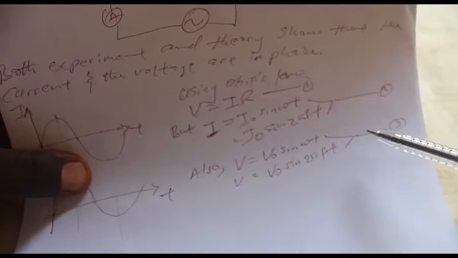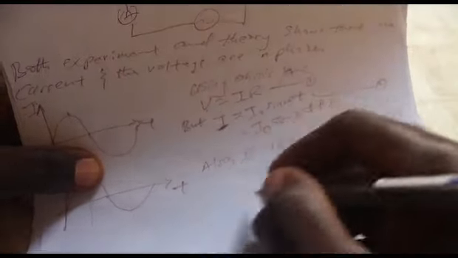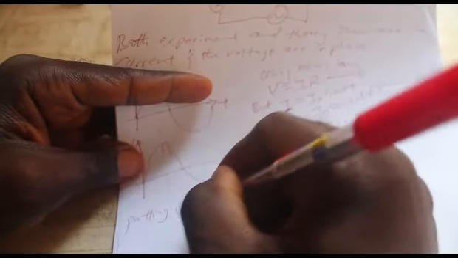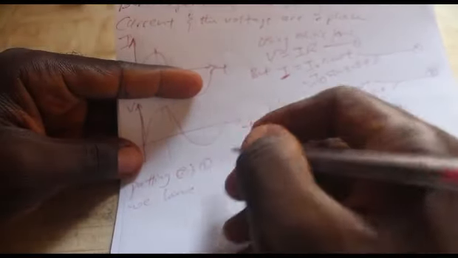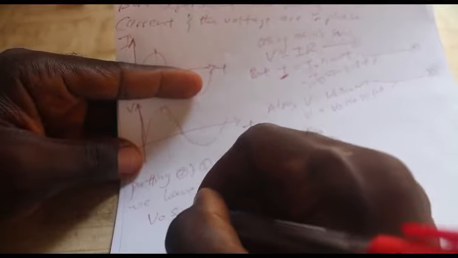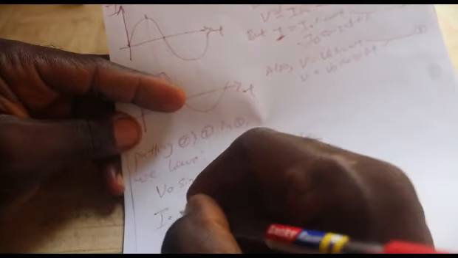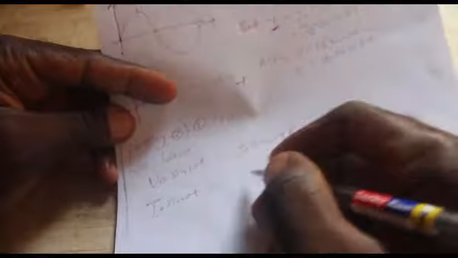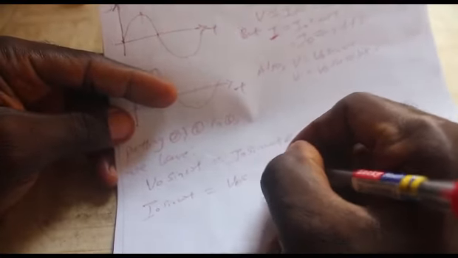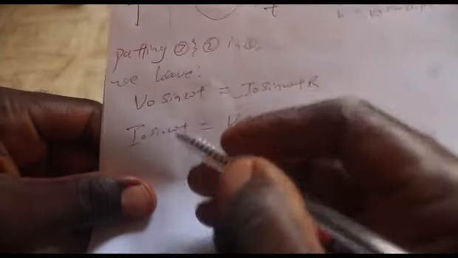Now, if we put both equation 2 and 3 in 1, we have V naught sine omega t is equal to I naught sine omega t times R. If we want to make I the subject of the formula, we have I naught sine omega t is equal to V naught sine omega t all over R. Now we can cancel out sine omega t.